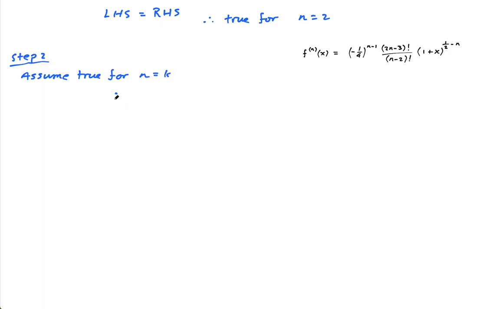So that means the kth derivative is equal to minus 1 over 4 to the k minus 1 times 2k minus 3 factorial over k minus 2 factorial times 1 plus x to the half minus k. So that's easy. We've assumed true for that. So that's 2 marks in the bag, not that difficult.